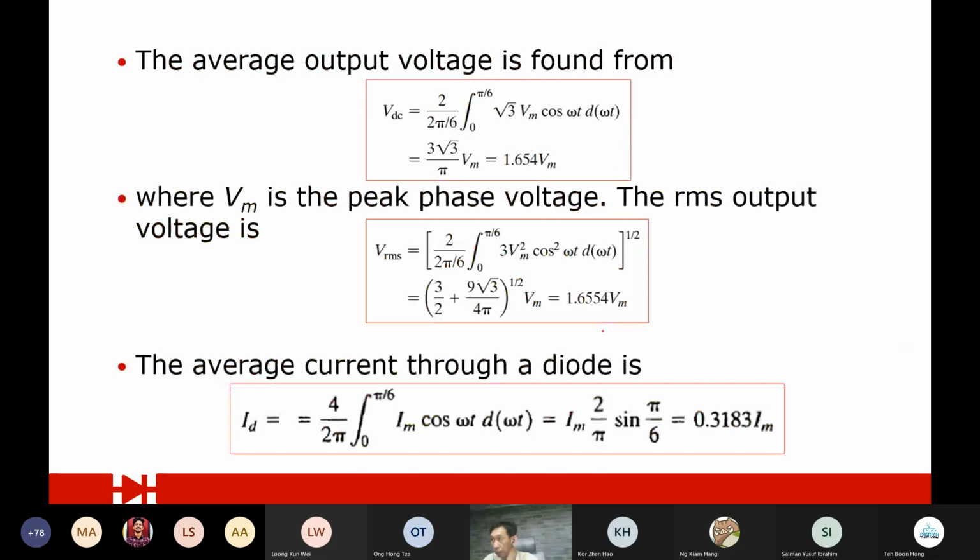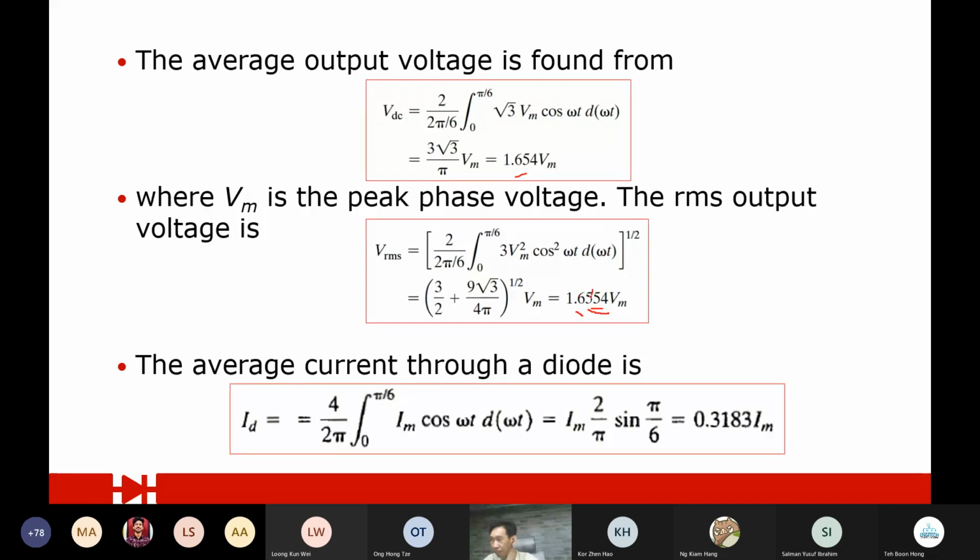Okay, so again, it is governed by the equation. VDC is Vm multiplied by 1.654, and the VRMS is very close. You can see almost no difference. This is 1.654, and this is 1.6554. Yeah, almost no difference. But in the exam, please, you have to show me the difference. You don't put both as 1.65.